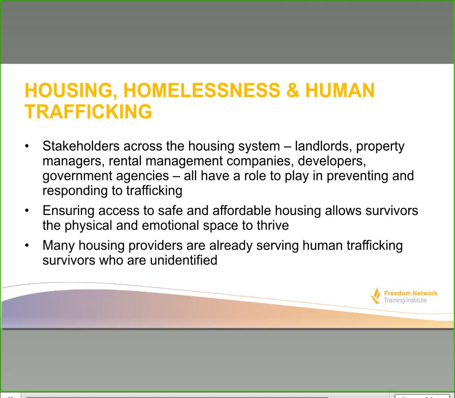So instead of kicking them out, considering partnering with local substance abuse disorder treatment programs, or maybe reconsidering how our programming mirrors the power dynamics survivors were subjected to during their trafficking situation.